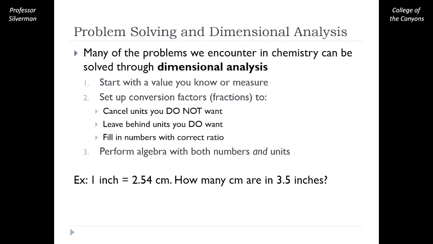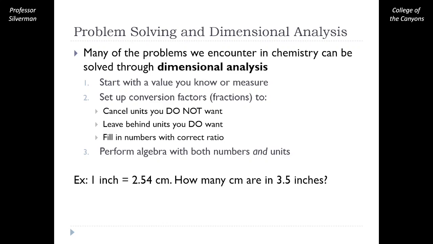We can set up a big fraction that cancels out the units that we have that we don't want to have anymore, and we'll leave behind the units that we do want to have. Then we can fill in values into that big fraction, which is going to be a true known ratio. And finally, we can do our algebra with both units and numbers.